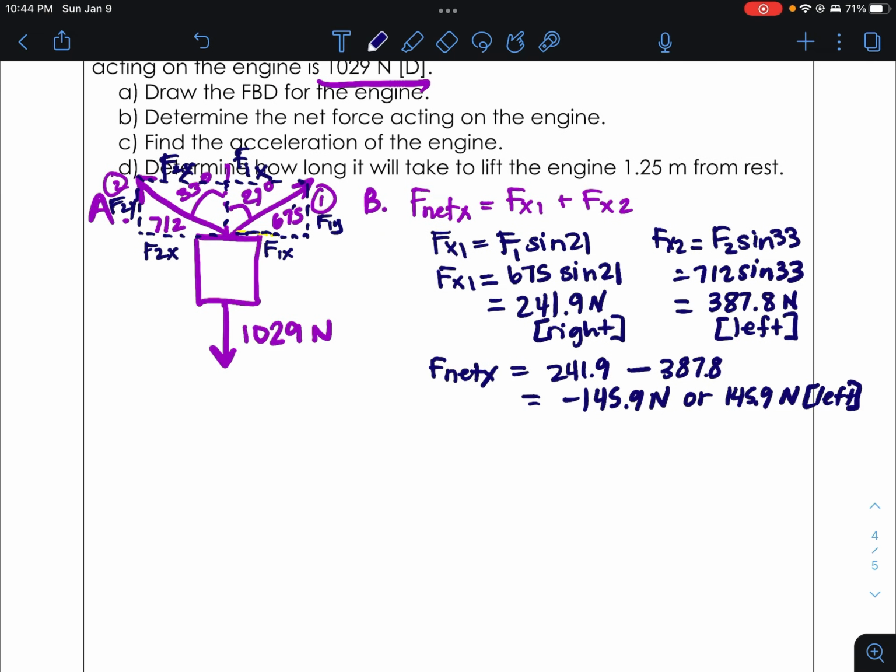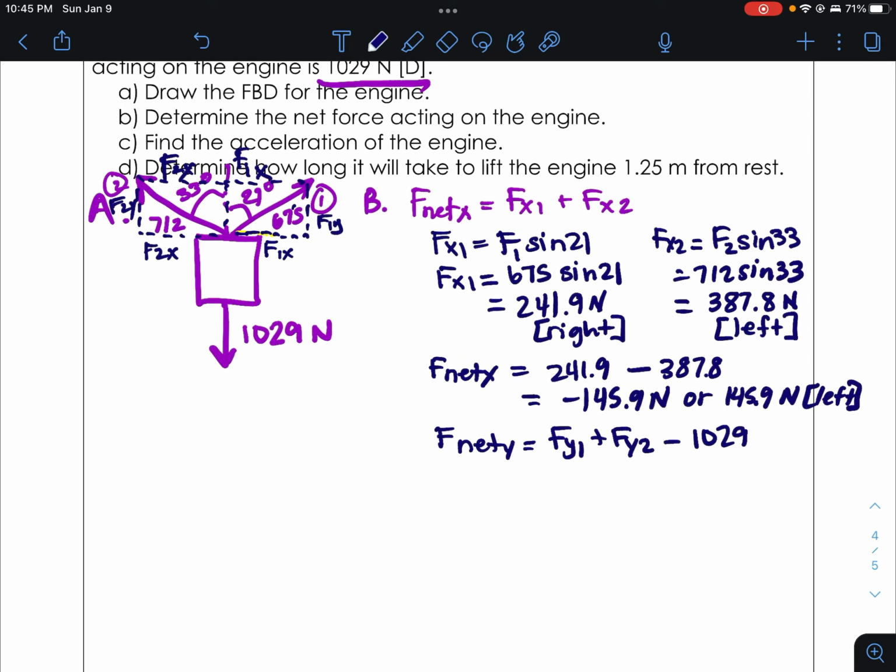We also need to look at y. F net y equals Fy1 plus Fy2 minus 1029, because that's going down. And so we use sine to find x, so we're going to use cosine to find y.